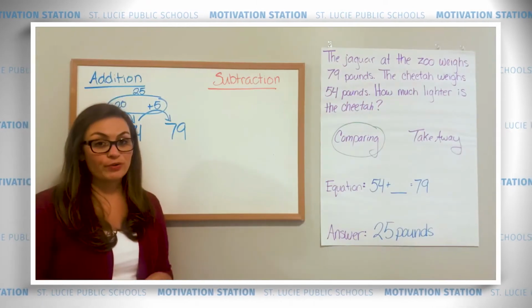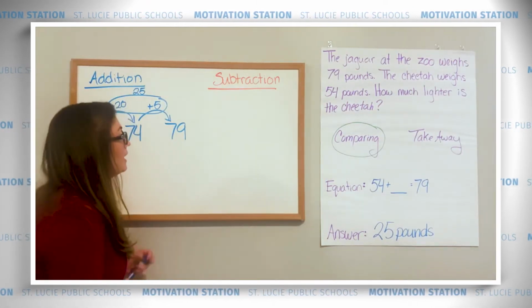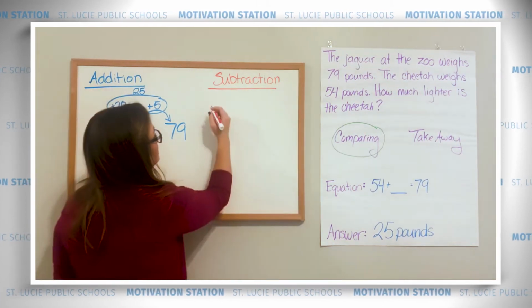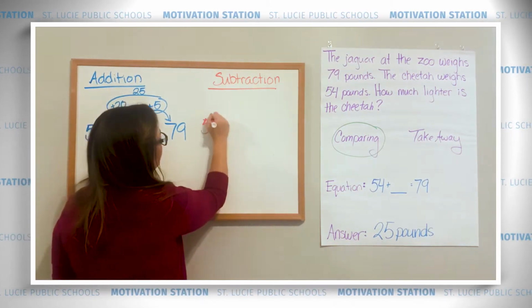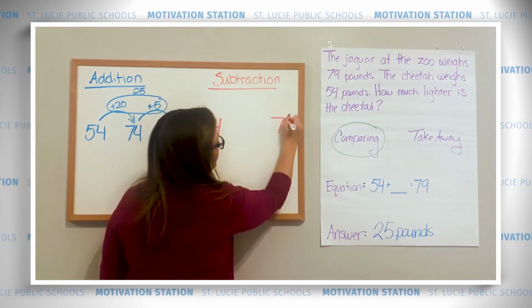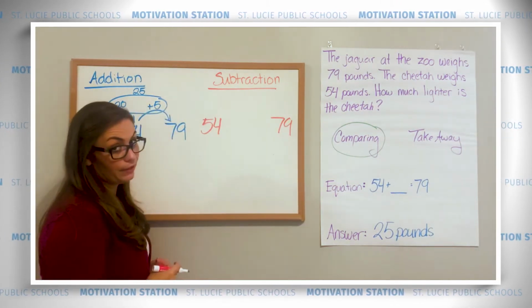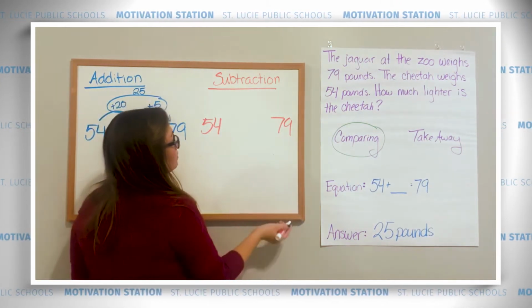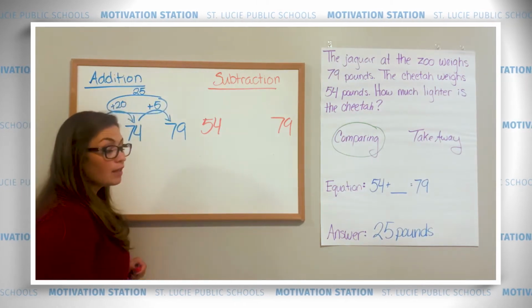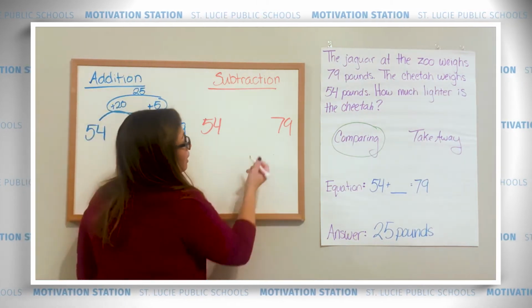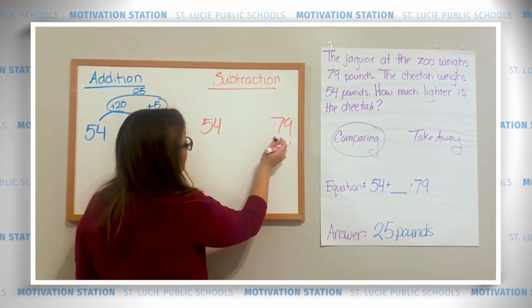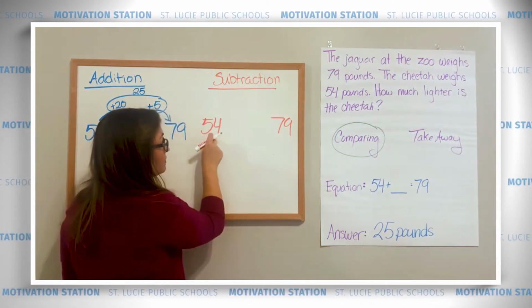I can also show this though with subtraction. If I do subtraction, I'm still going to need my 54 and my 79, the two numbers from my problem that I know. Now I need to make some jumps backwards. There are lots of jumps you can make. A jump I might start with would be to go back to get to my 50s area.